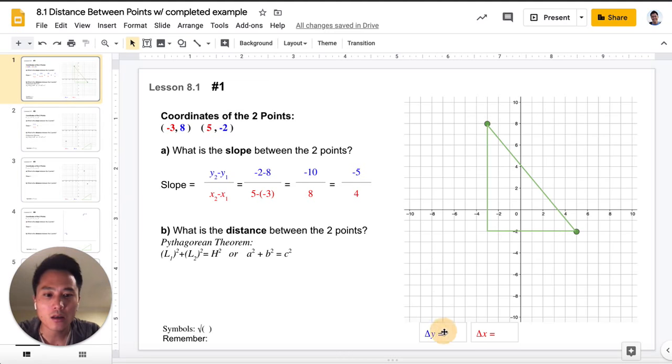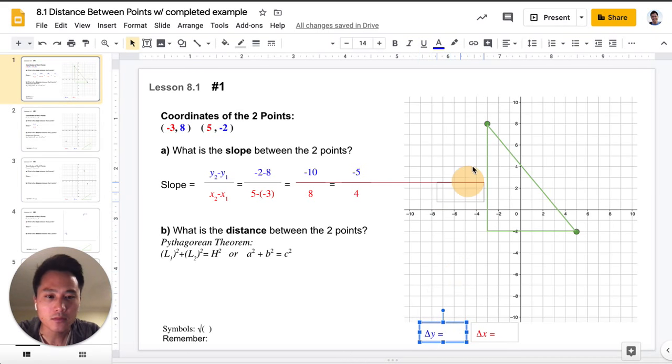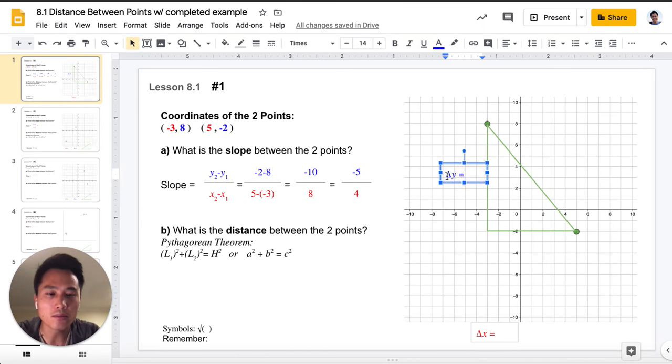Okay. Now, if we look at the slope triangle, this vertical leg of the slope triangle is also my difference between these two y values. So this leg is going from a y of +8 down to a y of -2.